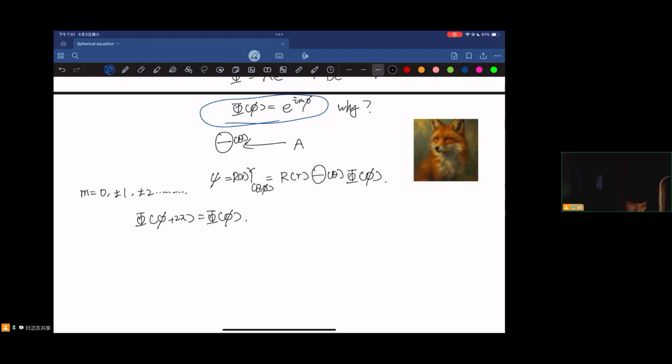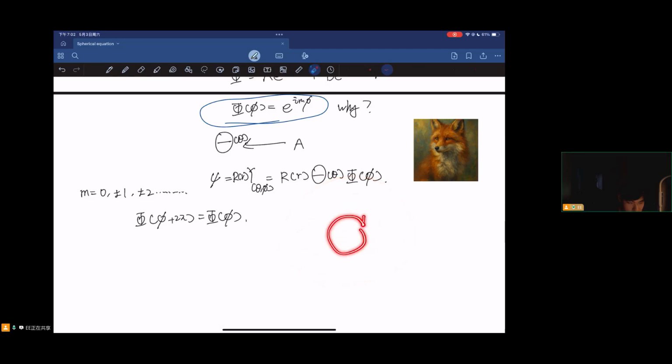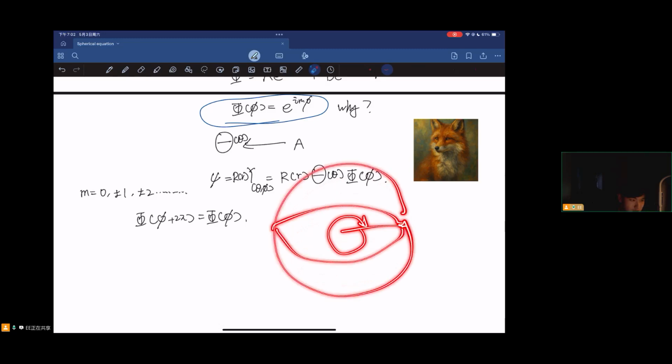Why? Because in spherical coordinates, when you're talking about this angle phi, adding 2 pi is exactly 360 degrees, one round, so you have to return to the same value. Otherwise, it's not a normal spherical coordinate.